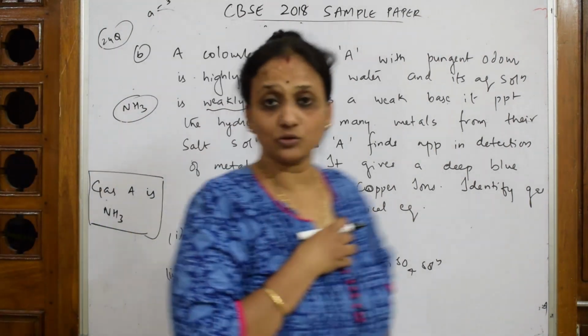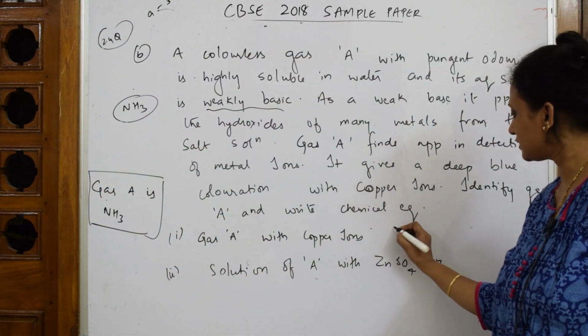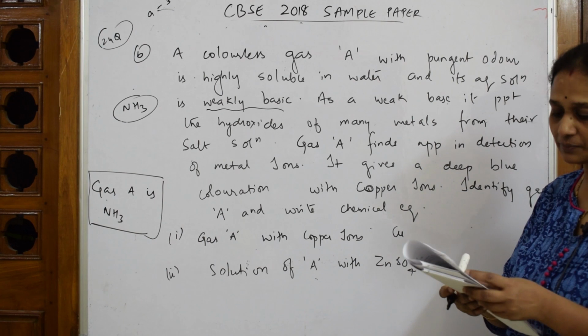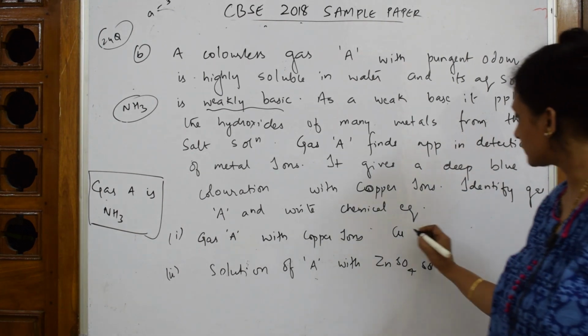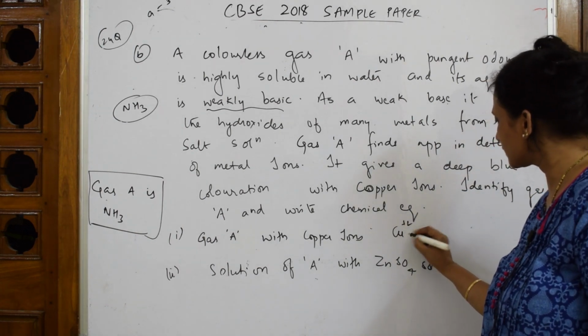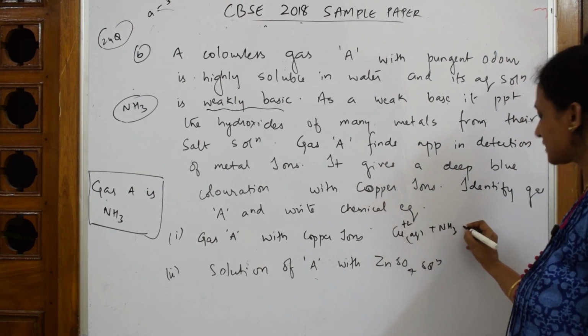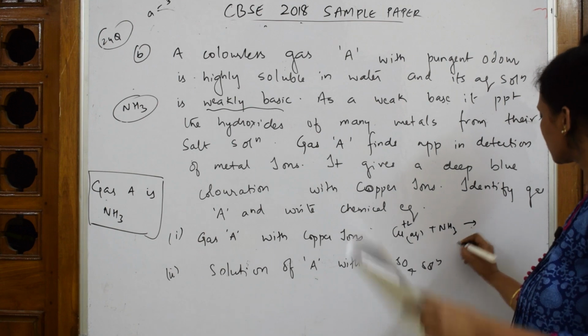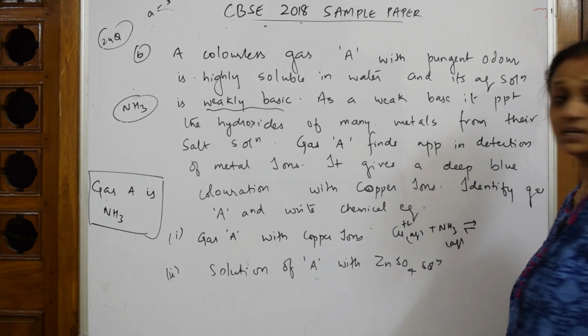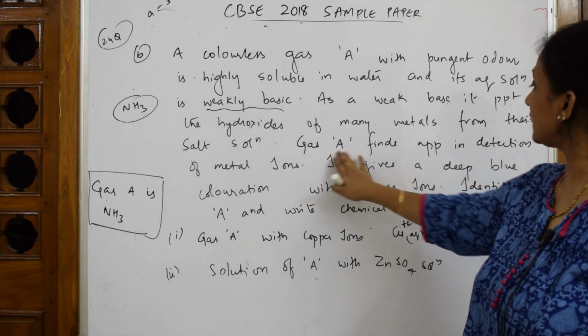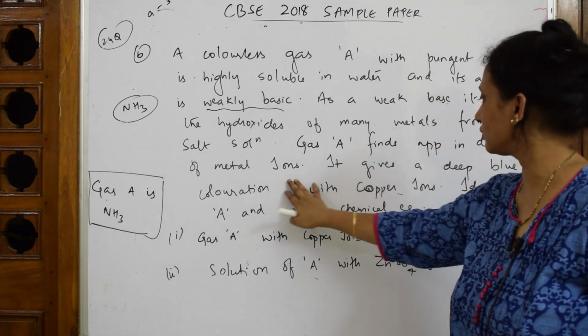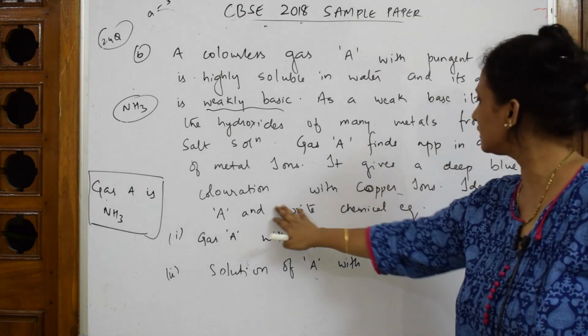Gas A with copper ions. So what should we do? I need to write the reaction. First pick up copper ions, Cu2+ aqueous, plus I need to add that ammonia, also aqueous, with a double-sided arrow. They said gas A finds application in detection of metal ions and gives a deep blue coloration with copper ions.